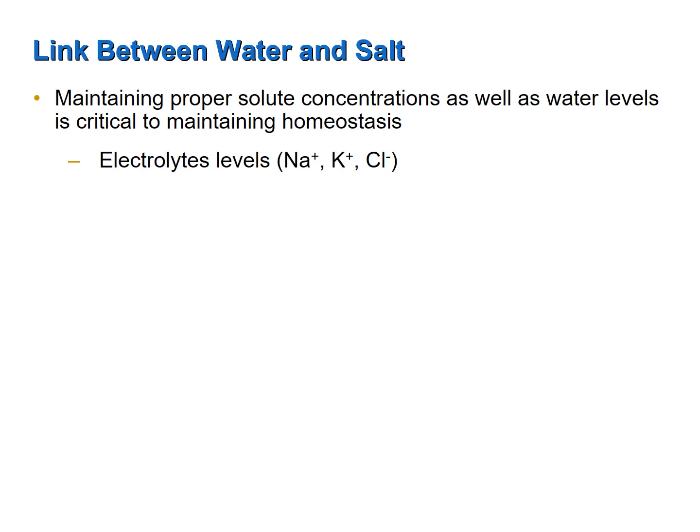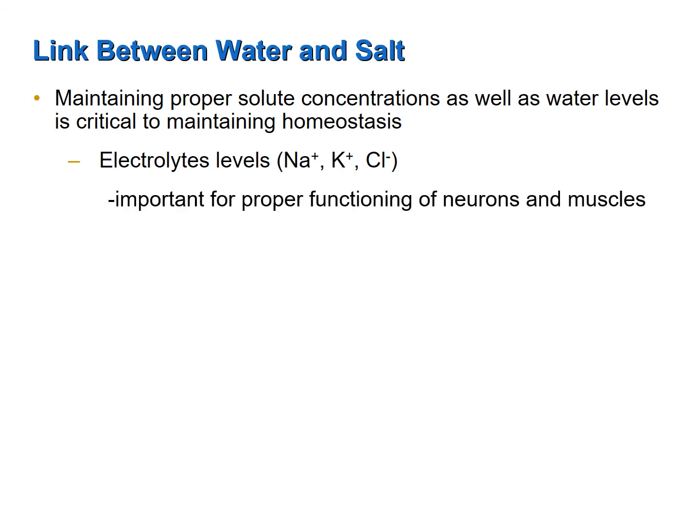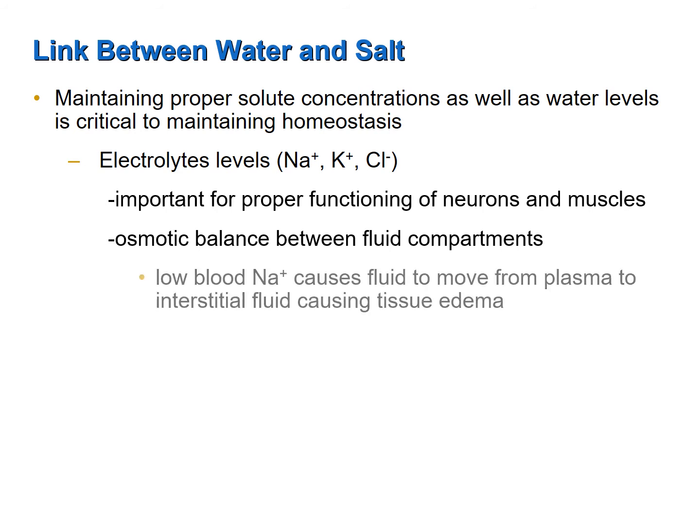Electrolyte levels, such as the concentrations of sodium and potassium and chloride ions and others, are very important for proper functioning of neurons and muscles. And osmotic balance between the fluid compartments can be affected significantly by those ions as well.